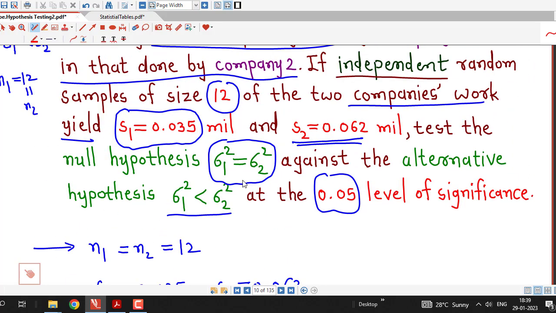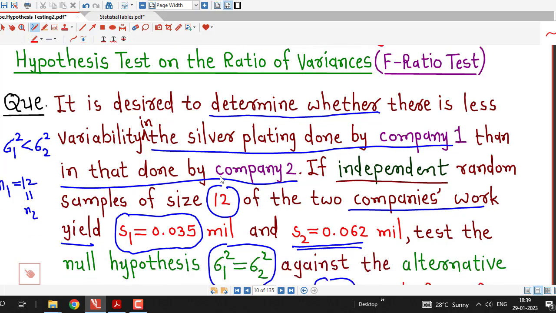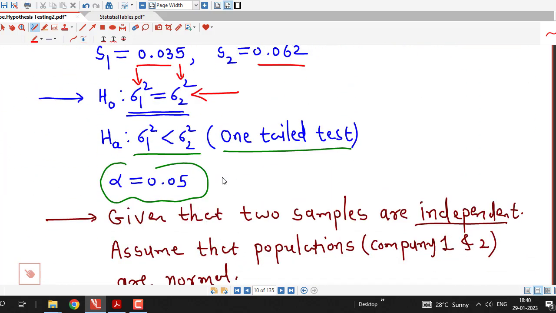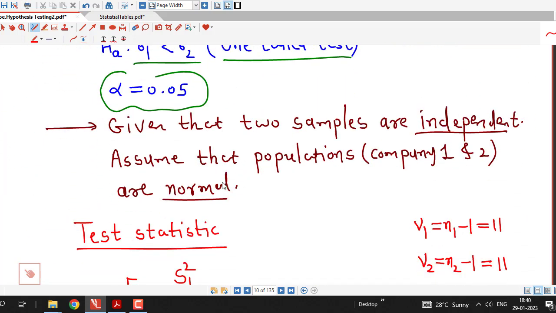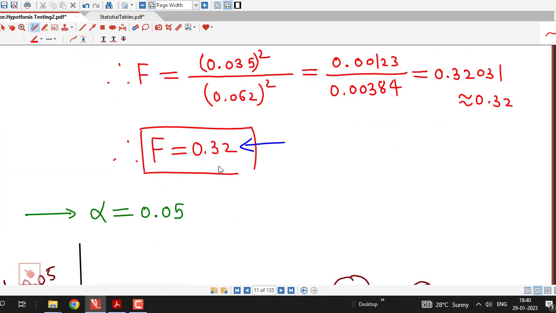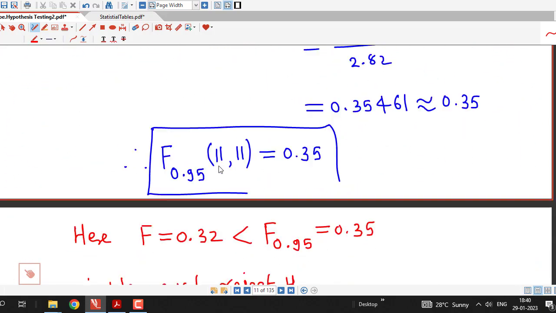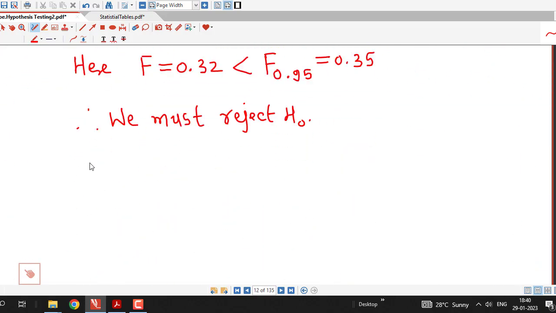That means we can say that there is less variability in the silver plating done by company 1 than in that done by company 2. So the sample data support the contention that the plating done by company 1 is less variable than that done by company 2.